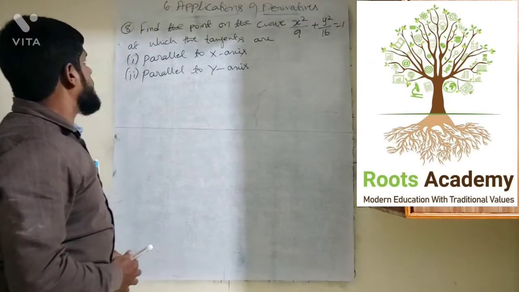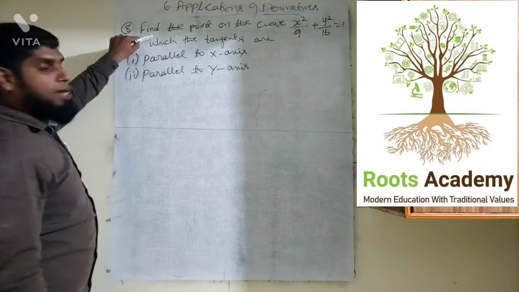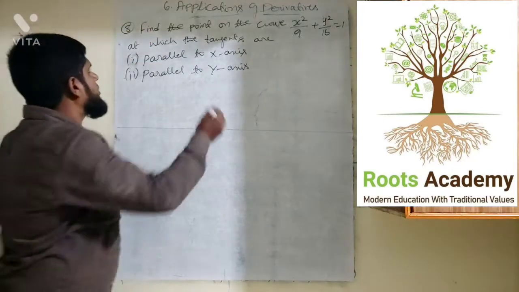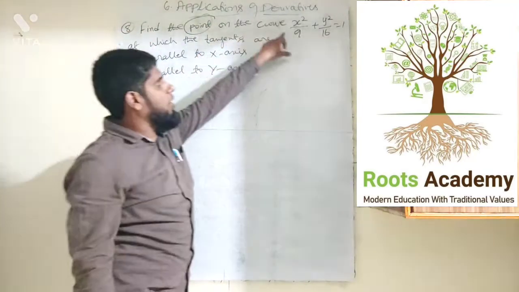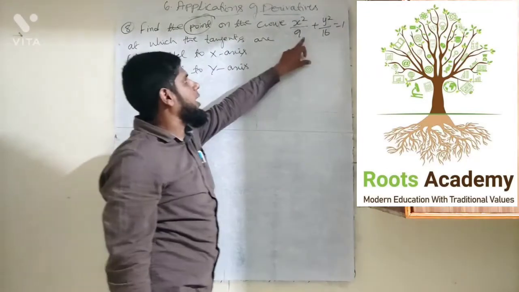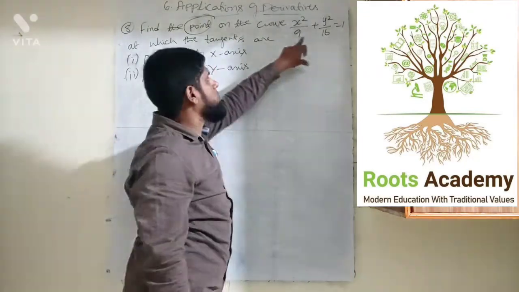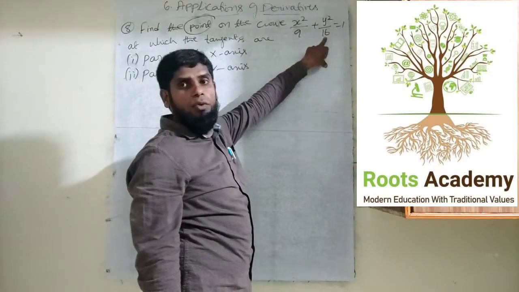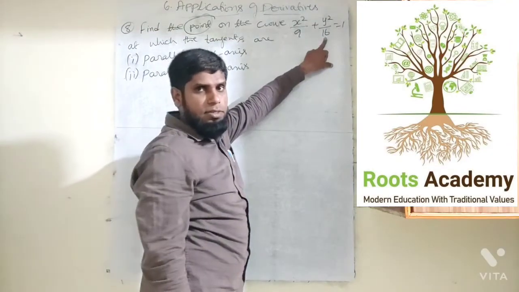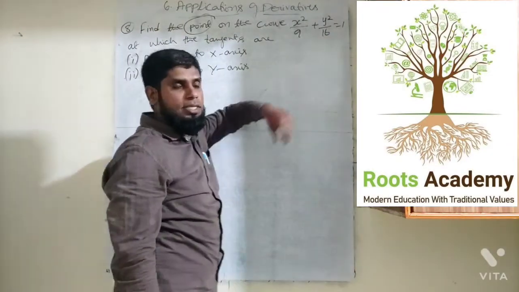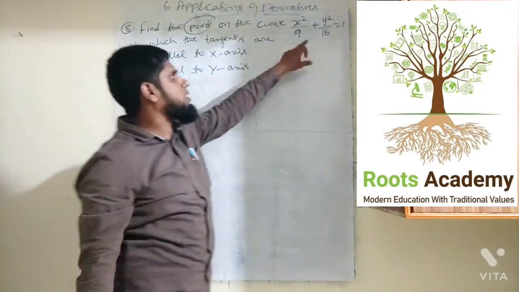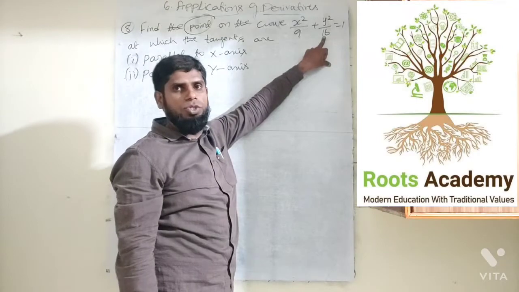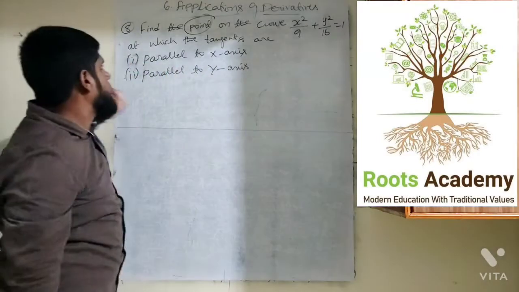And the question is asking us to find the point on the curve, and this time the curve is an ellipse whose major axis is the y-axis, because b is greater than a. The y-intercepts are greater, so it is on the y-axis.